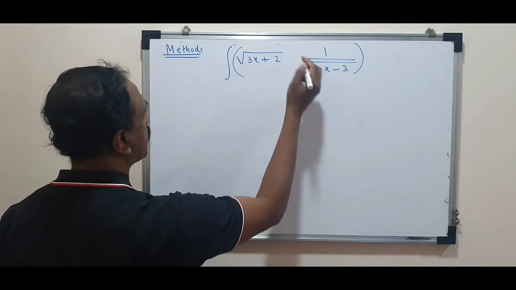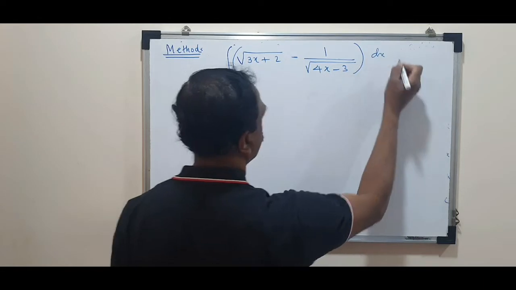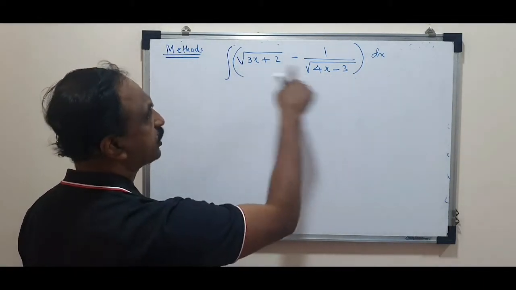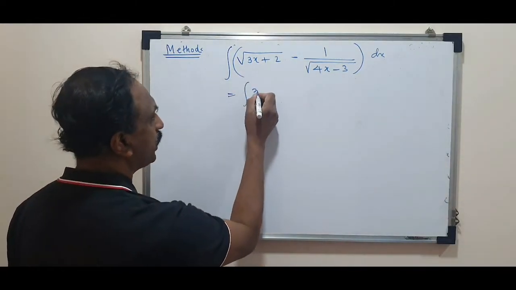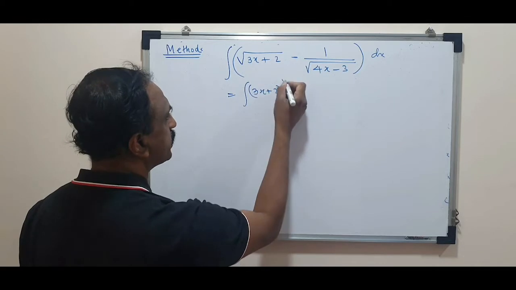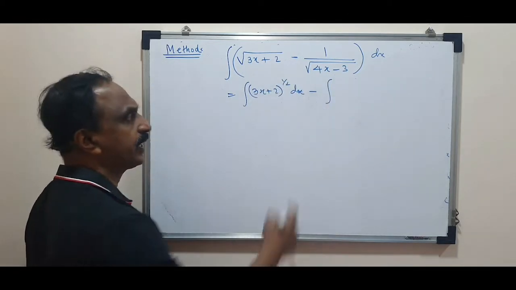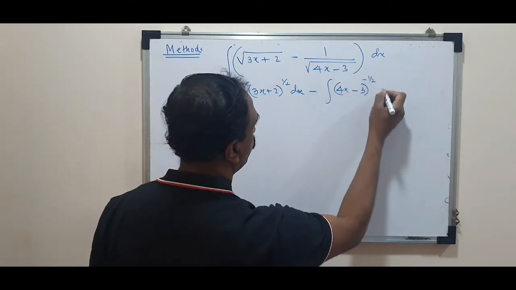I am always taking plus, so this time let me take minus. How do I integrate this? Naturally, we can apply the direct method because they are all linear. As long as it's linear, no tension. Directly increase the power, as we applied. So (3x plus 2) raised to half dx, minus, either you can write raised to minus half, or you may use the 1 by root formula, whichever you feel convenient.